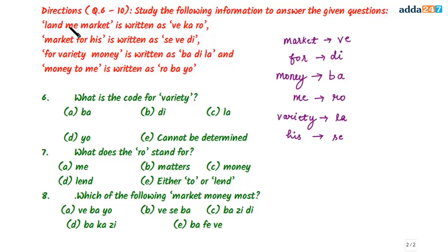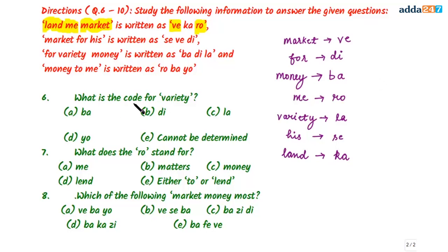So me we know stands for RO. Market stands for VE. The only thing left here is land, so land definitely stands for KA. So here we'll write land stands for KA. So we have our code ready, and let's solve the questions.